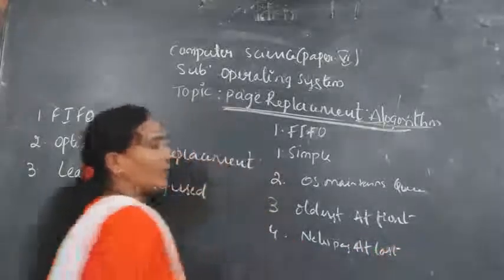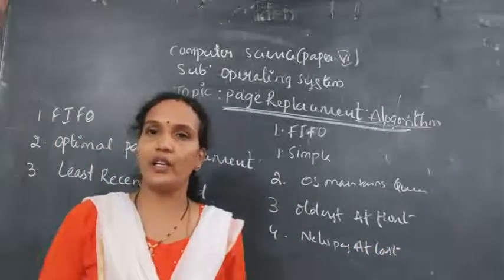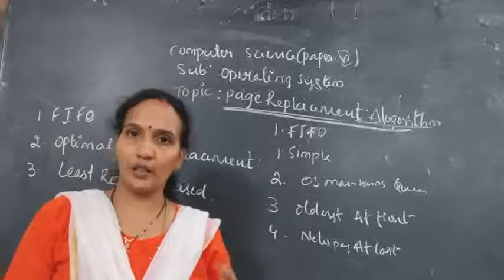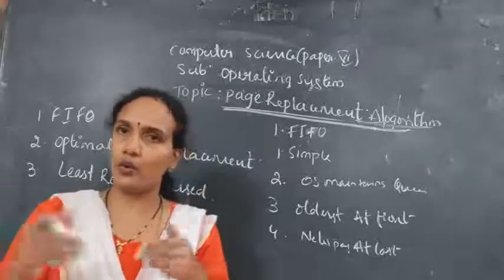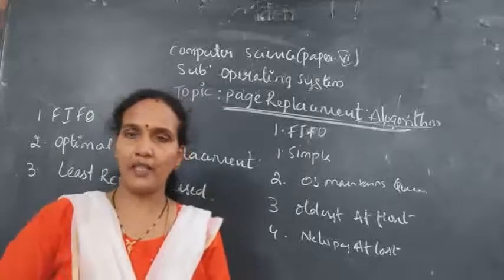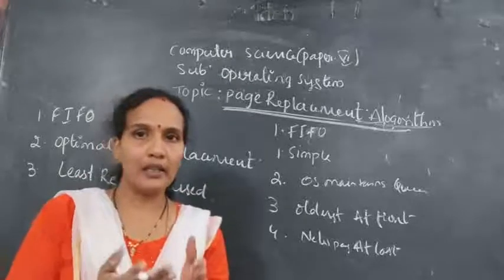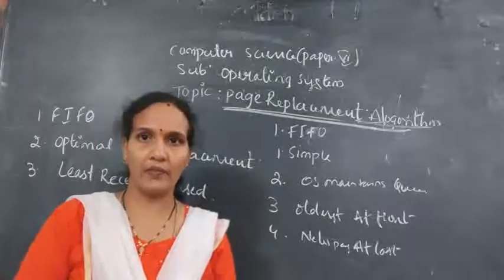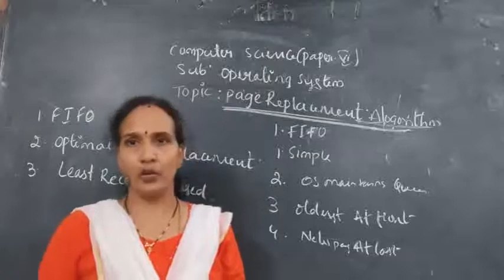So in this, the OS maintains a queue, and in that queue it will store all the pages. The oldest page is at the front, and the latest page is at the end of the queue.